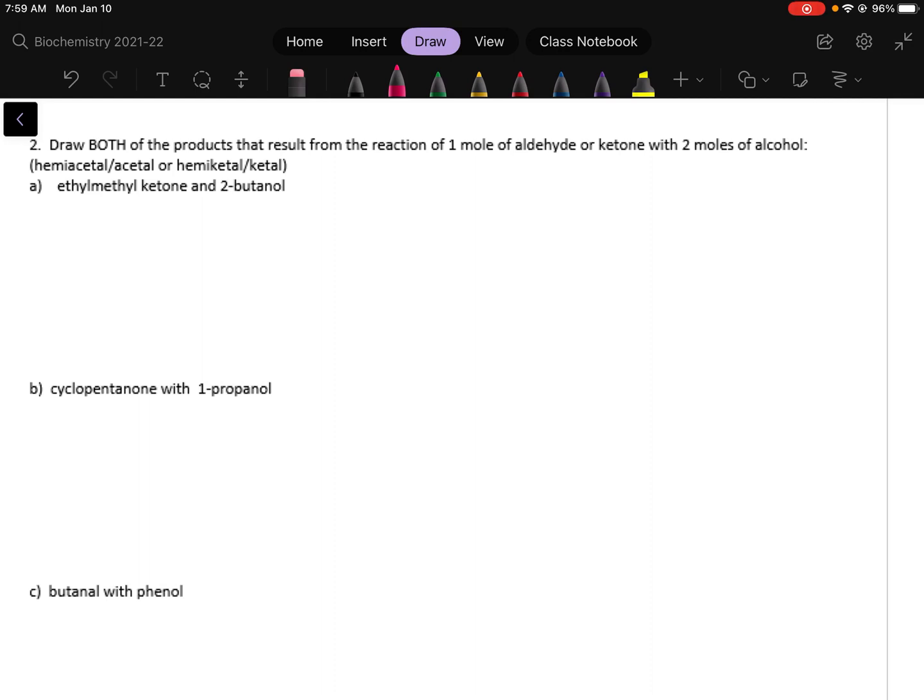So here is our carbonyl containing compound. This is a ketone, ethyl methyl ketone. The structure of that is going to look like, let's see, we got our ethyl, there we go. That would be 2-butanone in IUPAC world, but that's ethyl methyl ketone.